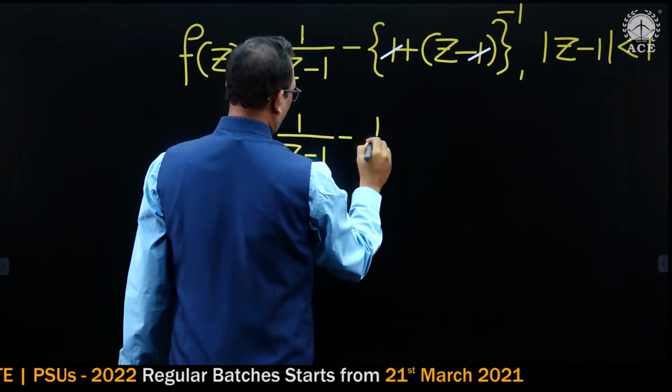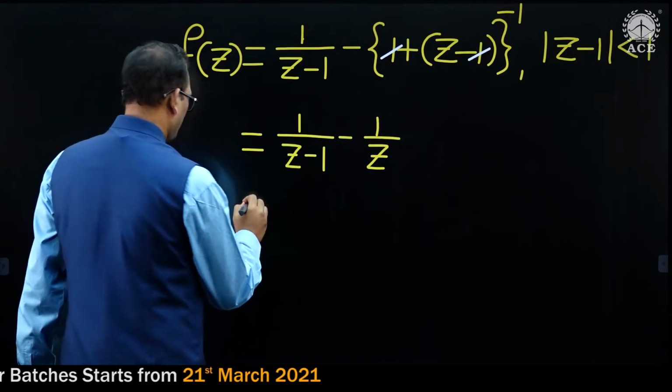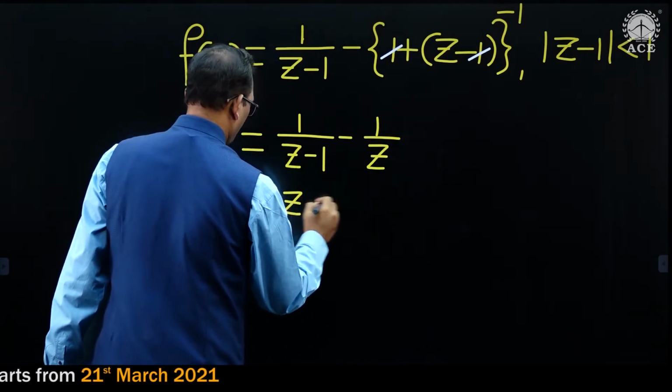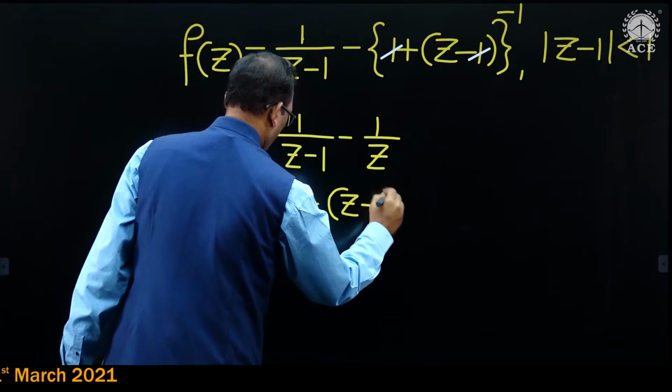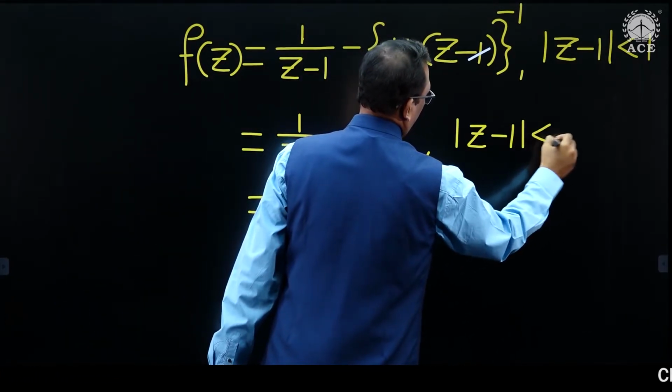Z power minus 1, that is 1 by z. Simplify this. This is equal to z minus of z minus 1 by z into z minus 1, valid in the region modulus of z minus 1 less than 1.